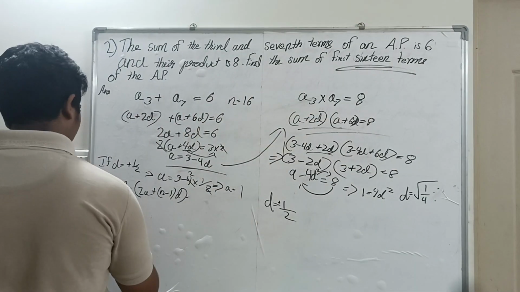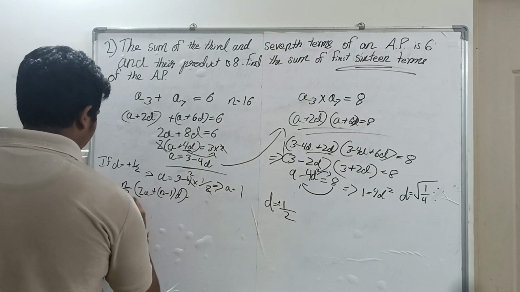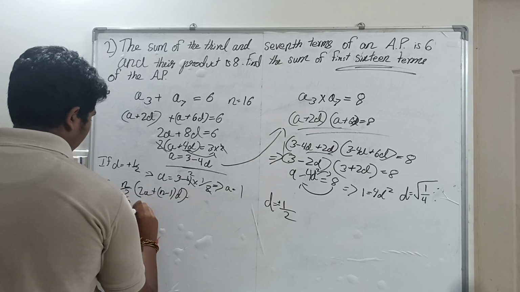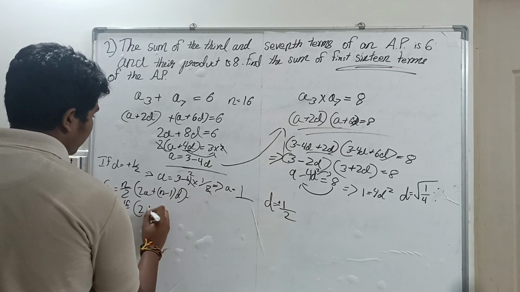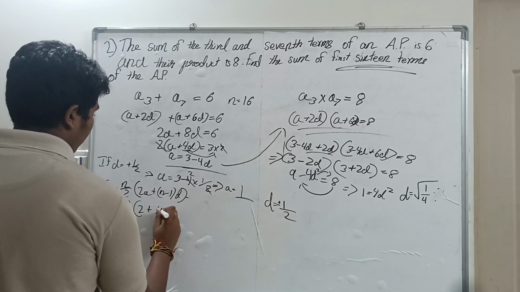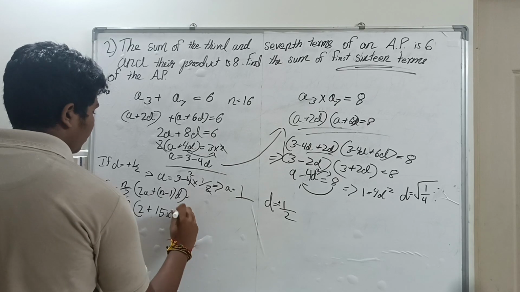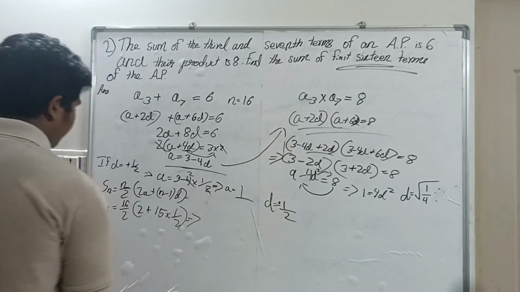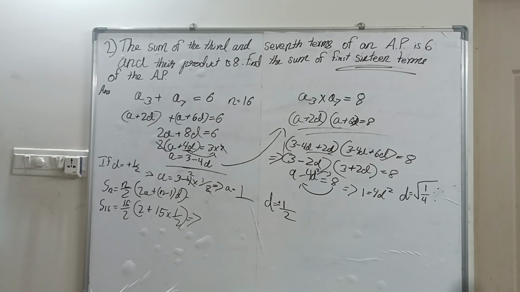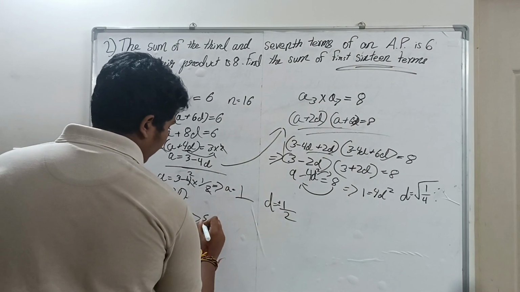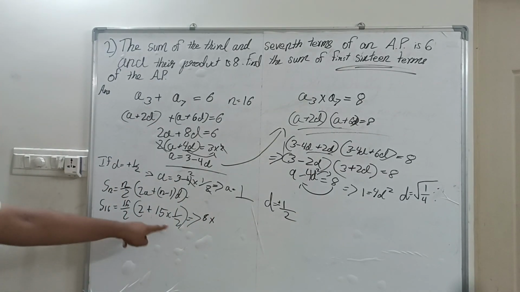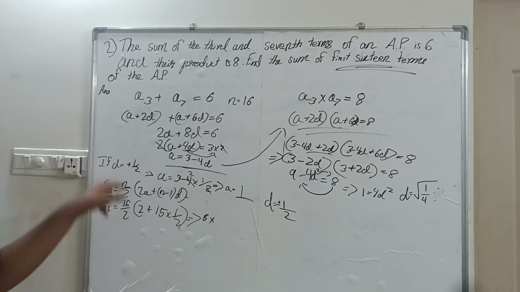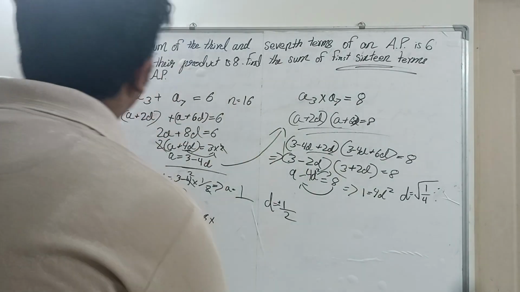so S16, which is 16 by 2 into 2a. 2a here is given 1, no? So 2 plus n minus 15 into 1 by 2, which will give you, what is 16 by 2? 8, right? So 8 into 15 by 2. Here if you put 2 here, 4. So 4 by 2 plus 15 by 2, which is 19 by 2.